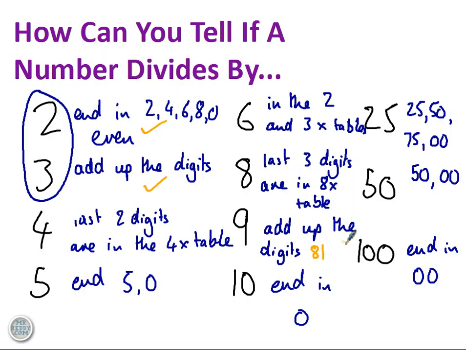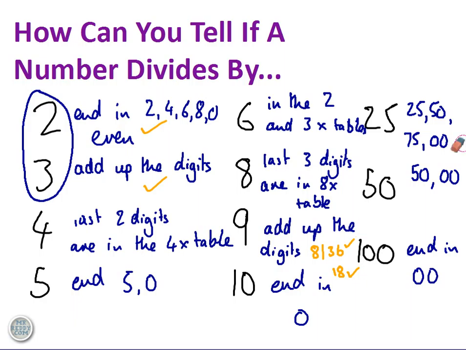If you change this to 8,136, then 8 plus 1 plus 3 plus 6 adds up to 18. 18 is in the 9 times table, therefore 8,136 is in the 9 times table.